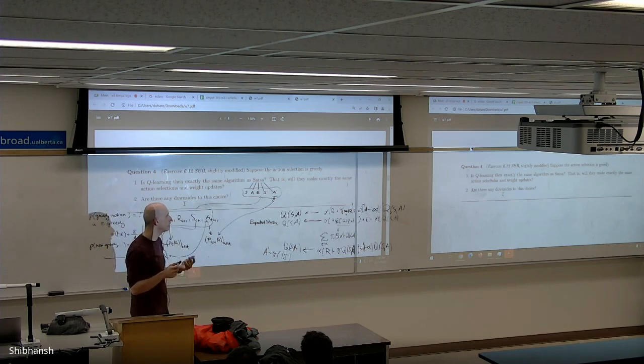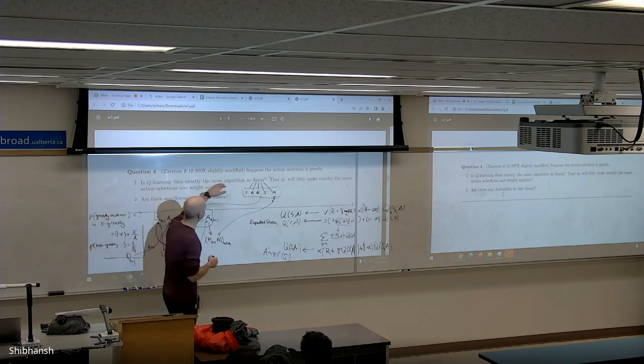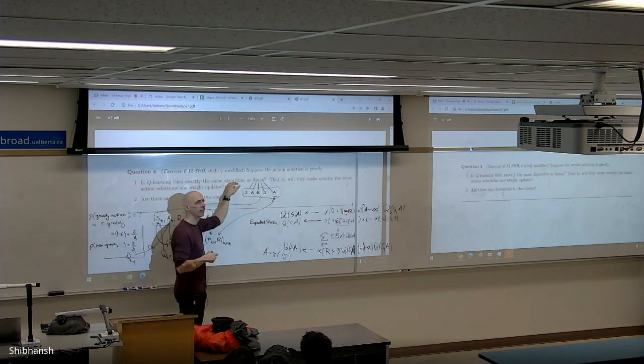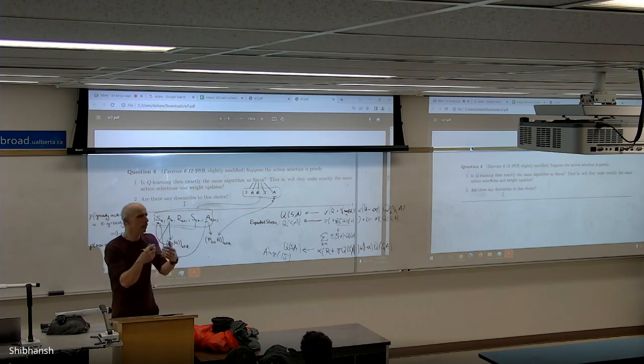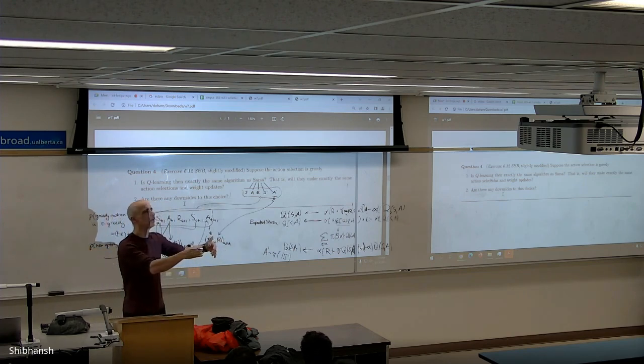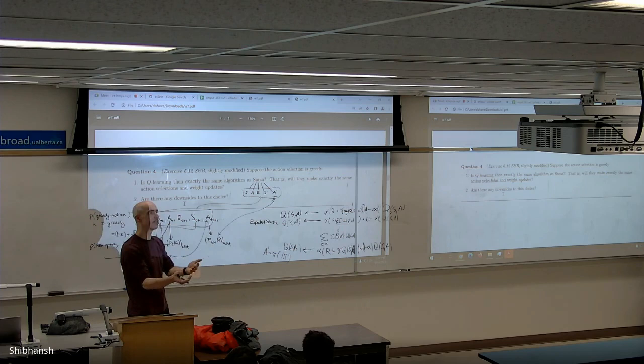Well, eventually they are generating different data, so the values that you're going to get are different. And here it asks whether they are the same algorithm. So what is an algorithm? It goes in, maybe it interacts in this case with some environment, and it produces something. When would I consider two algorithms to be the same? The code can look different. If they produce the same results under identical inputs, then they are the same.